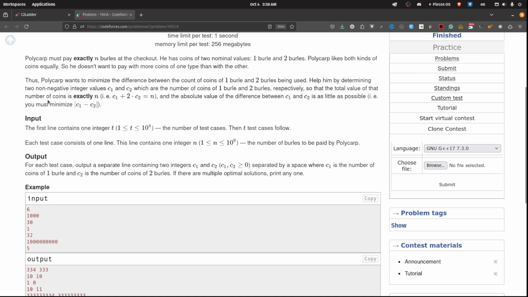Thus Polycarp wants to minimize the difference between the count of coins of one burle and two burles.